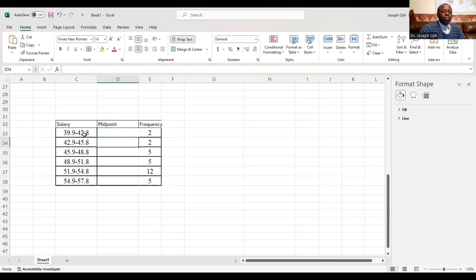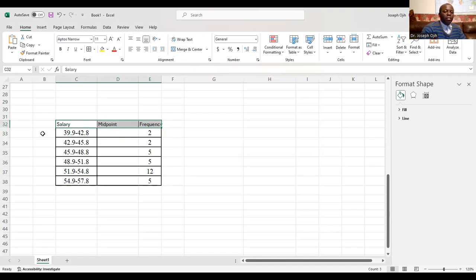Now the problem we have is that the class limits are together here, so I'm going to separate them. I'm going to put this one as lower class interval, and this is upper class interval.